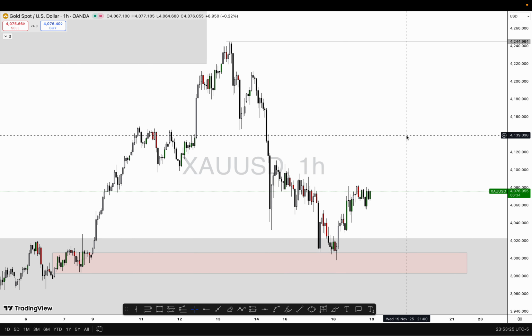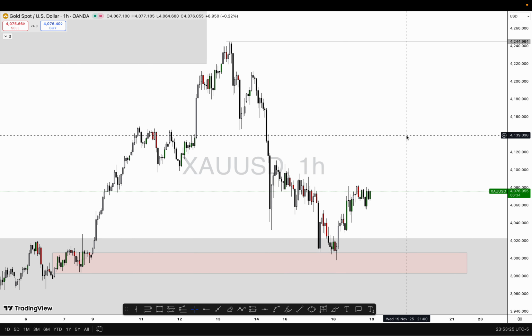Right, so we have this downtrend on the 1-hour that did break trend line after tapping into daily 4-hour right here. So what can we expect? Well, we're expecting this 1-hour high to be removed and for the market to continue in the direction of the higher time frame trend.